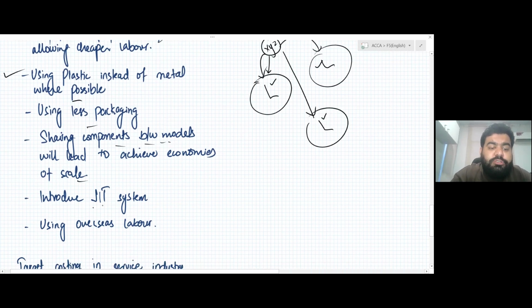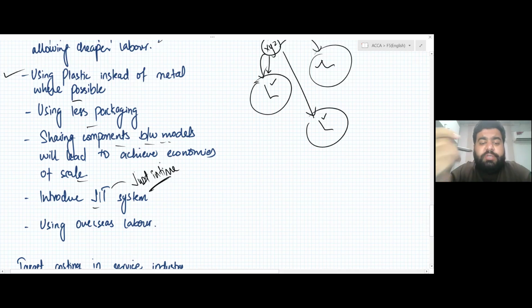Okay, introduce a JIT system. JIT means just in time. We'll discuss just in time in detail in the next portion, which means the next chapter. But here I am telling you just the definition. Just in time means purchase the material when needed.